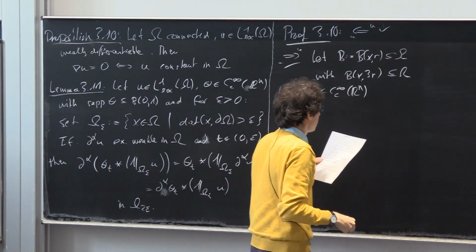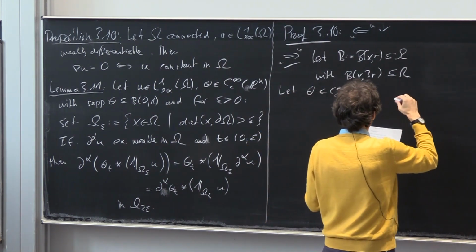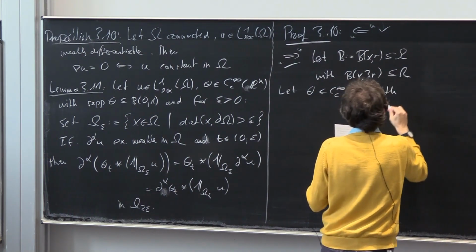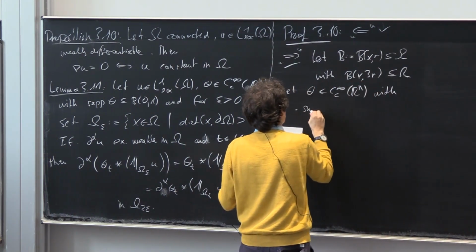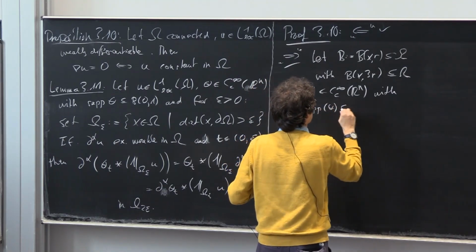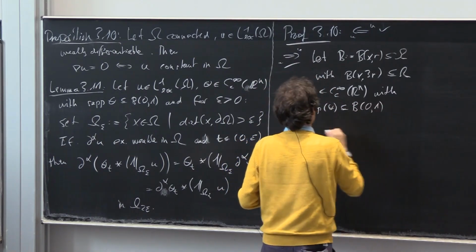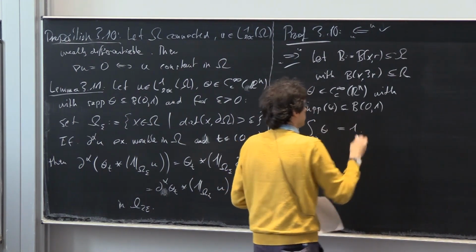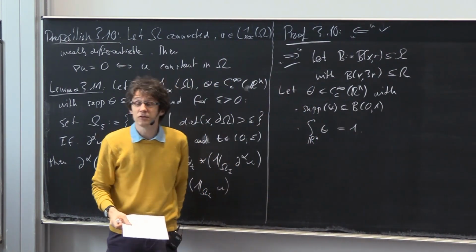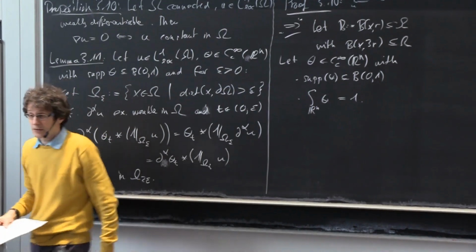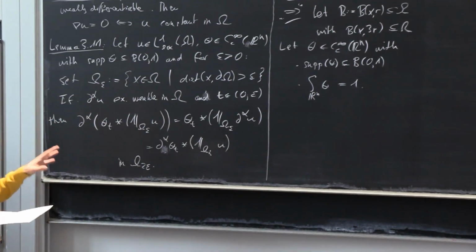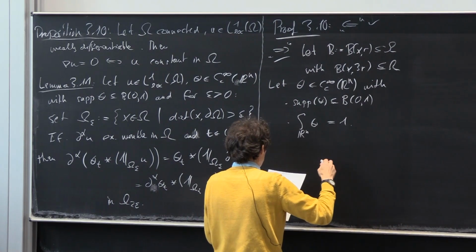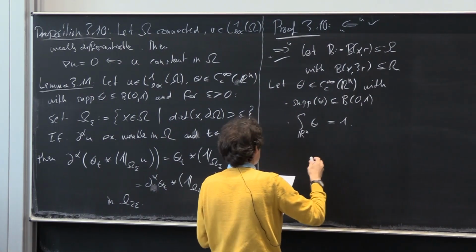So take some arbitrarily often continuously differentiable function theta with compact support, such that, again, the support of theta is contained in the unit ball, and the overall integral over Rn of theta is 1. And now again, if you have such a function, you can construct theta t by doing the right scaling, and this gives you a modifier to make things converge in the right sense.